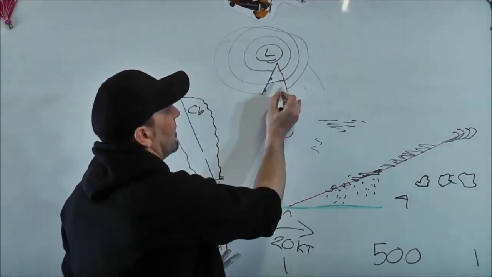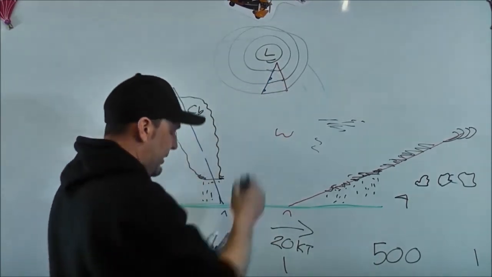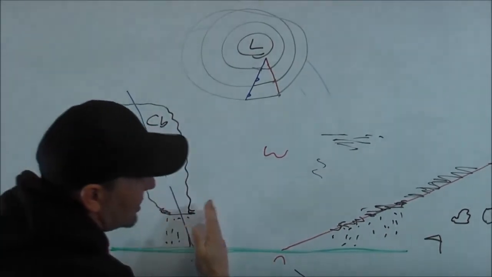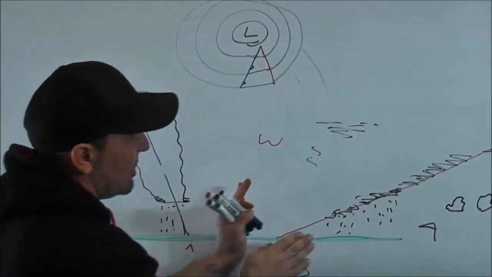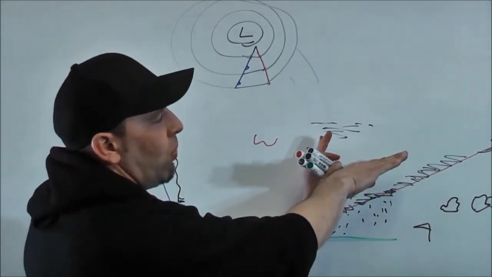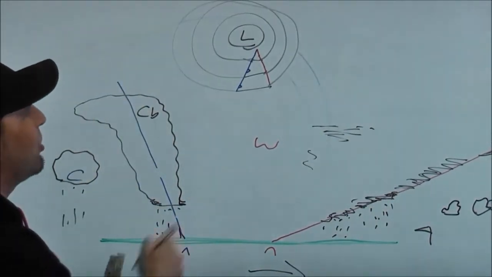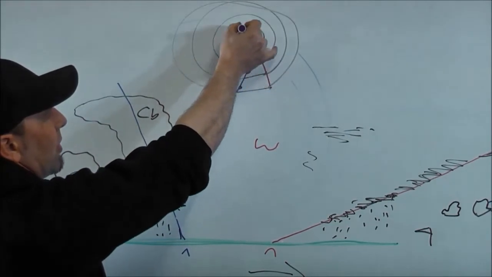Change in the lines, and as this cold air, this cold front catches up with the warm front, it starts to force that warmer air up and out of the depression, and this sets up the occlusion.